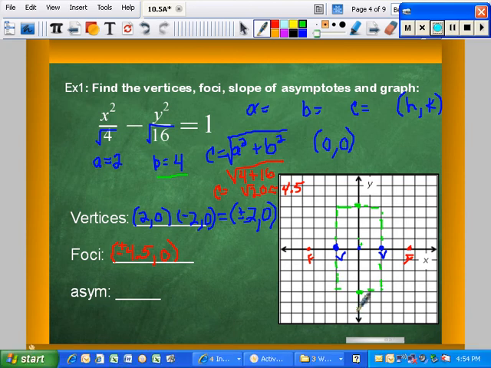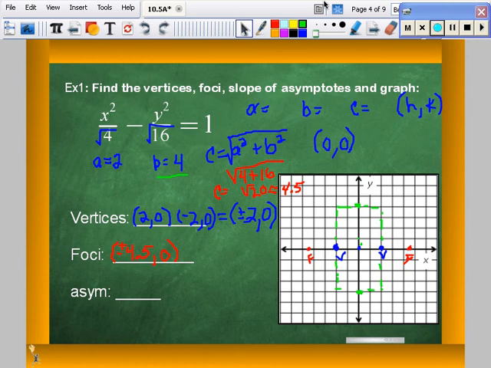Okay, so we have that rectangle there, and that's going to help us draw the asymptotes. The asymptotes are going to go through the diagonals of the rectangle, and I'm going to show you that right here. I'm going to pop that up on the screen. Watch how it goes. There we go. So the asymptotes go through the diagonals of the rectangle, and that is how we get our slope.